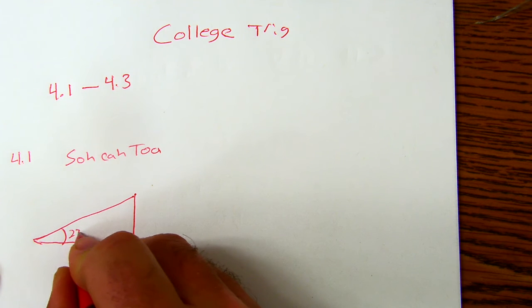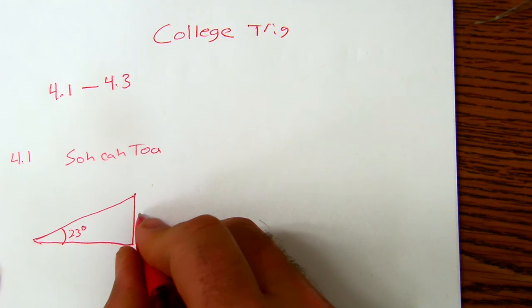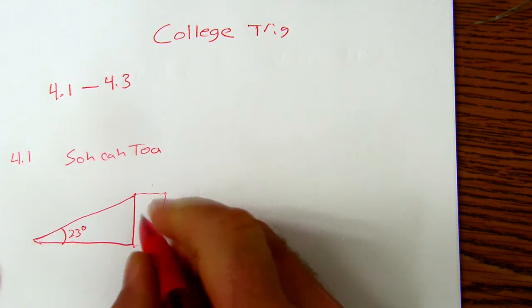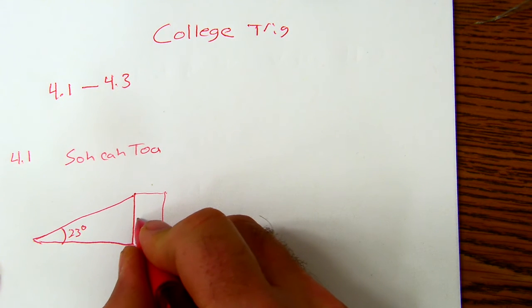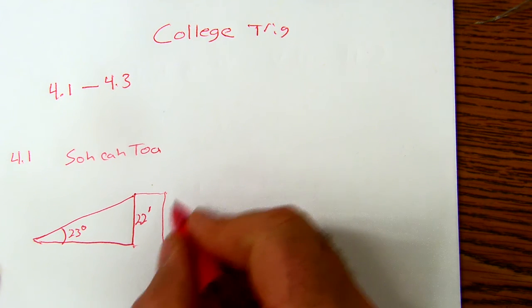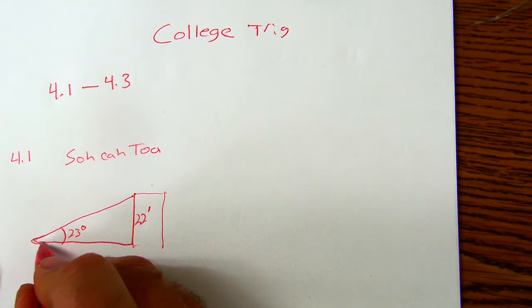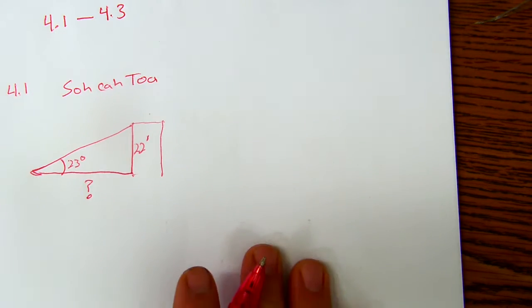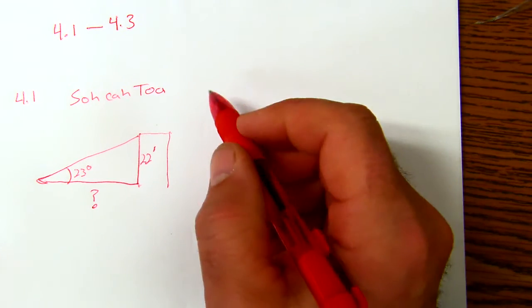That's clearly 23 degrees. And the building, which is on fire, or I don't know what it is, 22 feet tall. And then the question is, well, I don't know what the question is, but we're going to find this side. Okay?